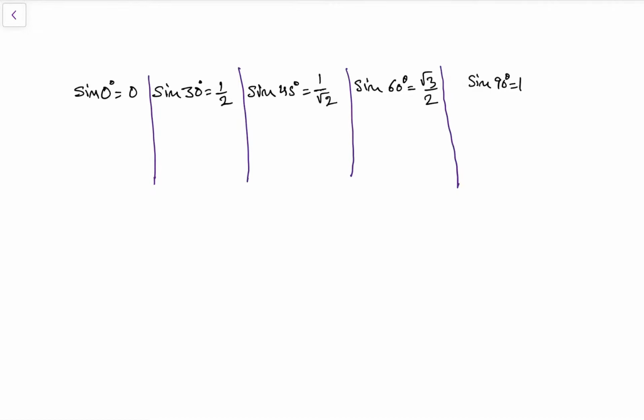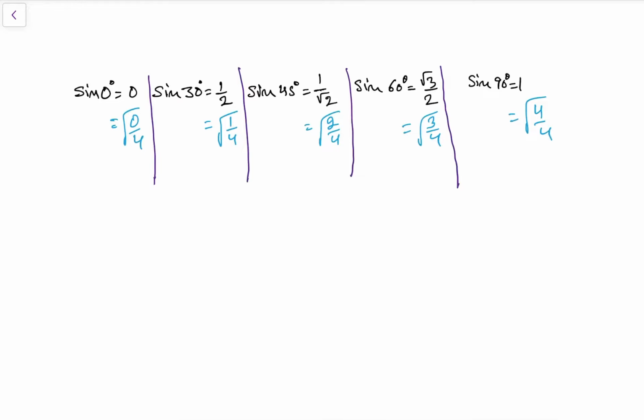We can write 0 as square root 0 by 4. Sin 30 degree is 1 by 2, so 1 by 2 can be written as square root 1 by 4. 1 by square root 2 can be written as square root 2 by 4, and square root 3 by 2 is the same as square root 3 by 4. 1 can be written as square root 4 by 4.